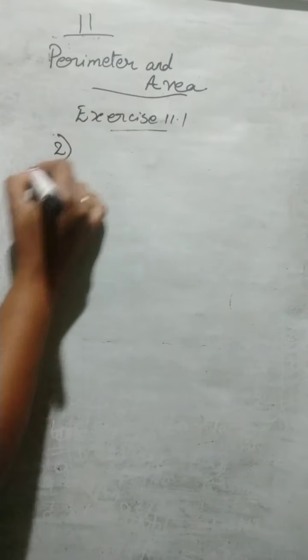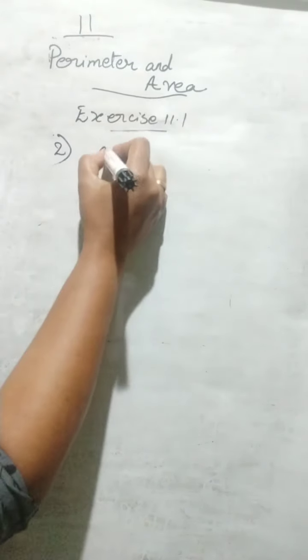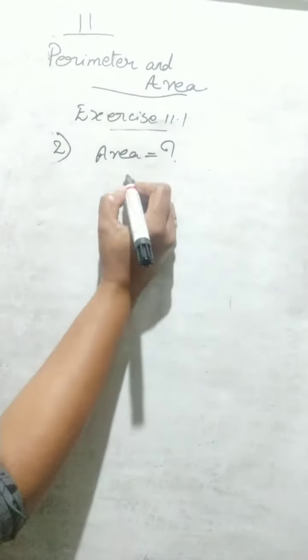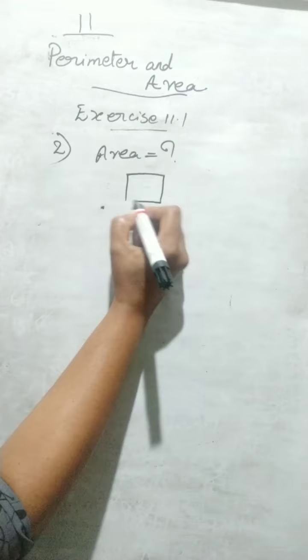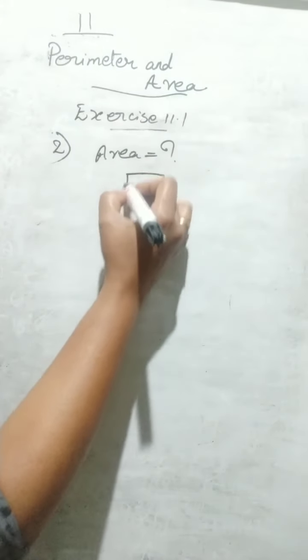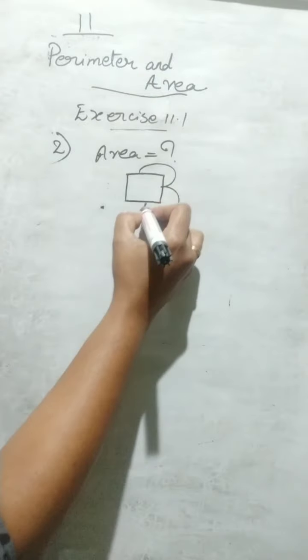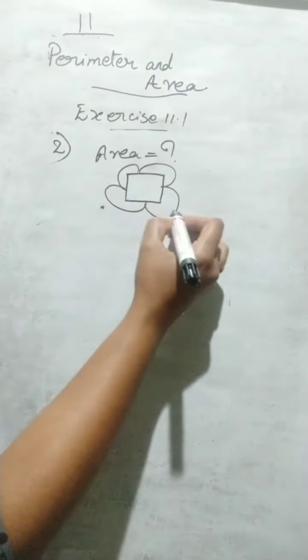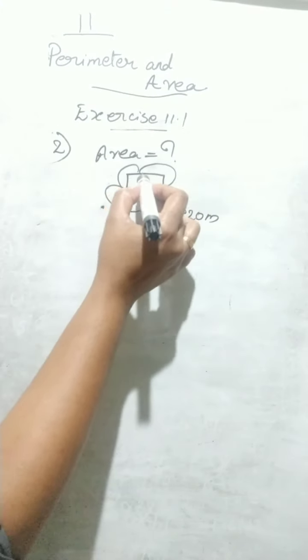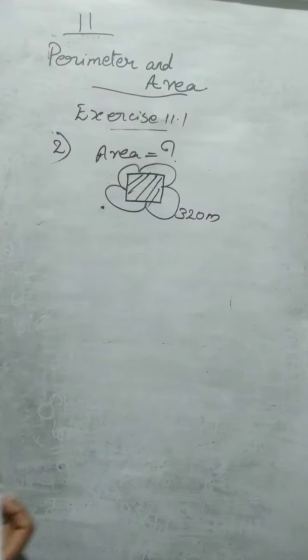Second question is to find the area of a square park. What is given there? The perimeter is equal to 320 meter. That is the total length around this square park is 320 meter. We have to find the area of this square park.